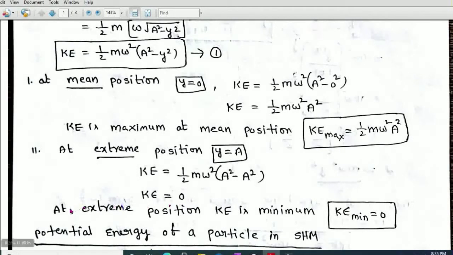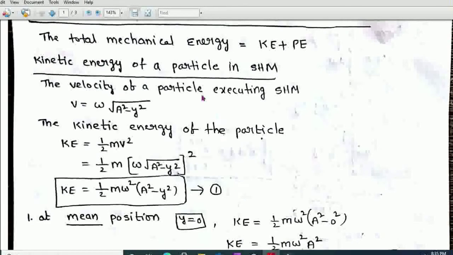That means at the extreme position the kinetic energy is minimum, and the minimum kinetic energy is 0. So the kinetic energy is maximum at the mean position and minimum at the extreme position. This is about the kinetic energy of the particle.